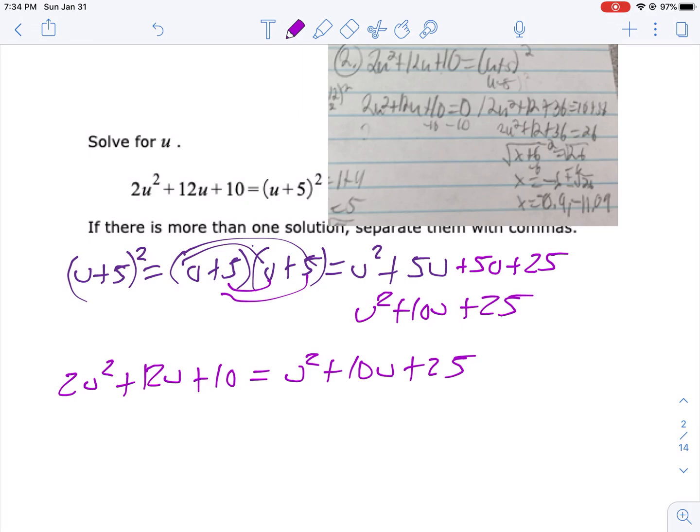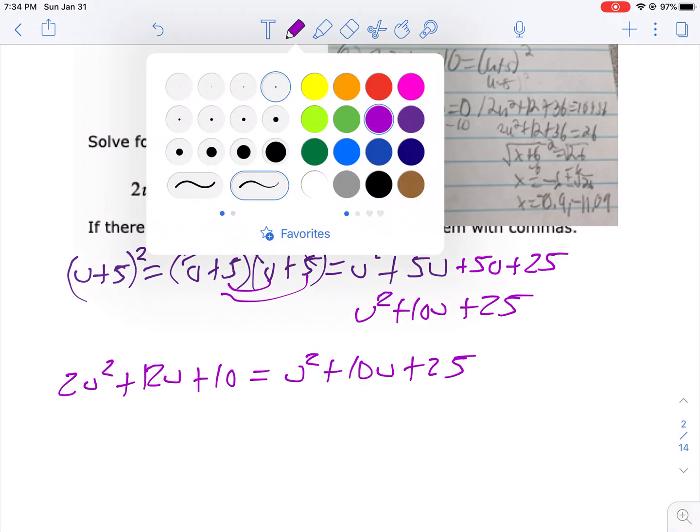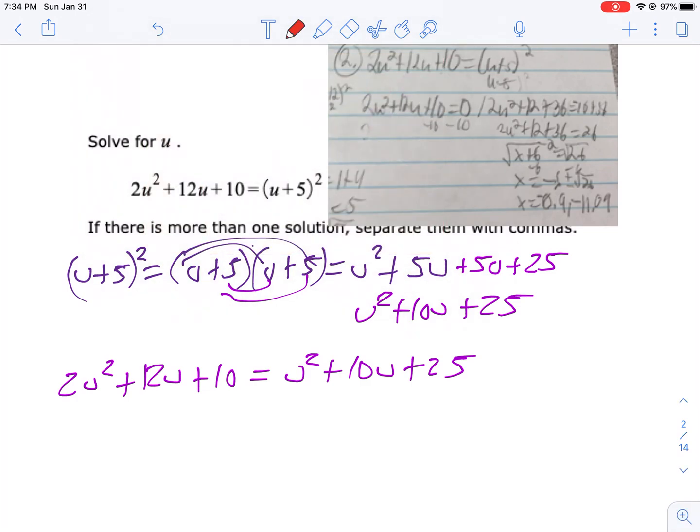Now we want to move everything to the right side. You can't combine. One thing I want you to know, you can't combine a squared term and a linear term. They're not the same. Since it's a quadratic, you want to, from chapter 8, make one side equal to 0. I always like to move the smaller squared term. So we're going to subtract u squared from both sides.